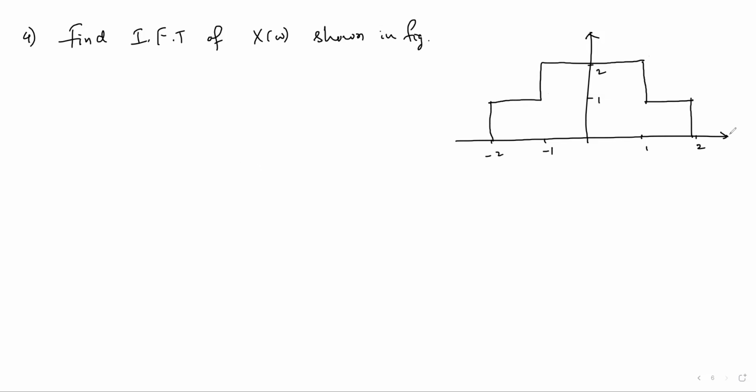This is the signal given in the omega domain. X of omega is given, then what is x of t? Find x of t for this figure.